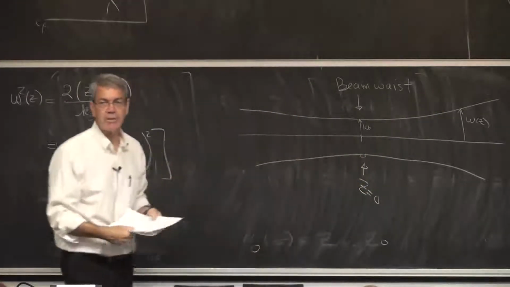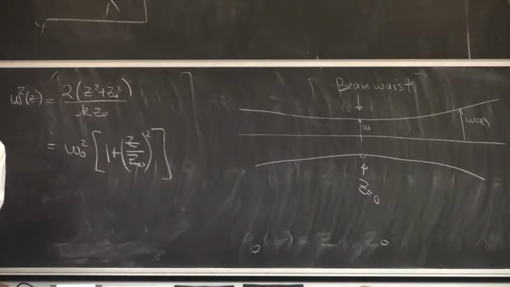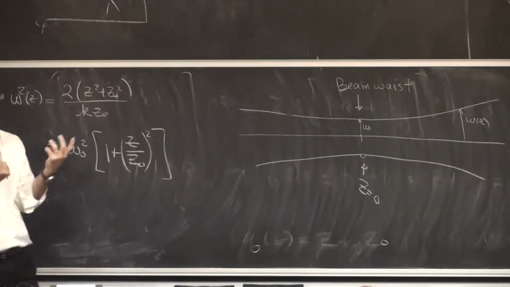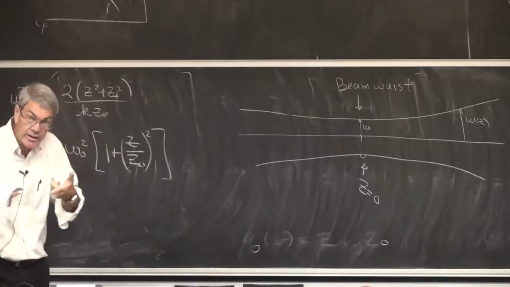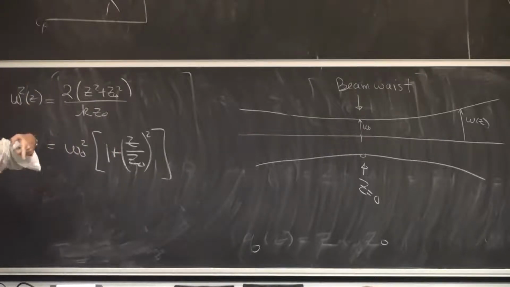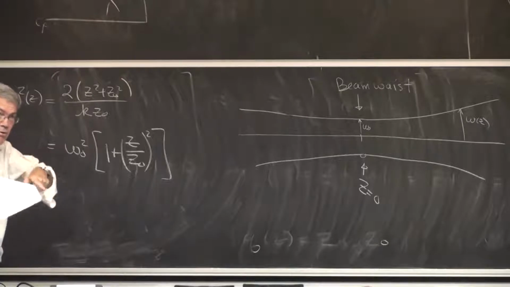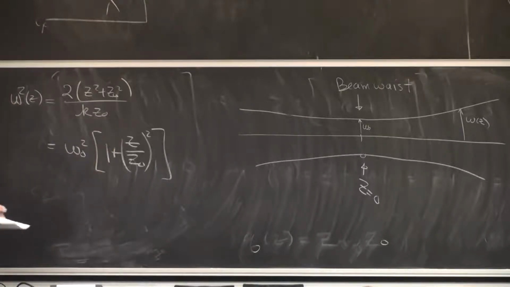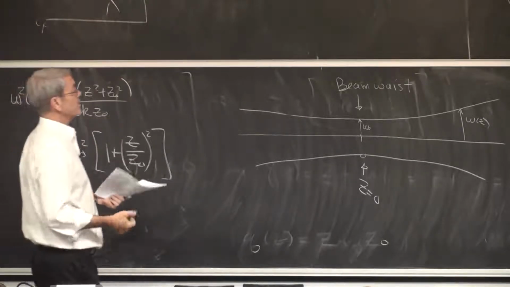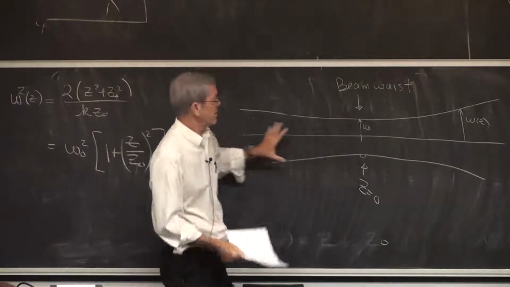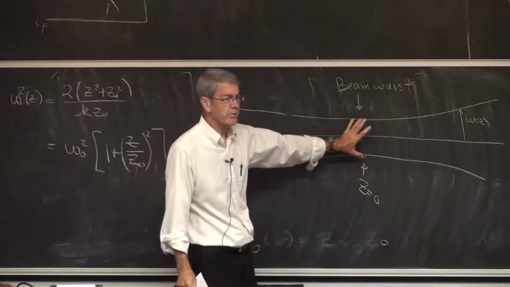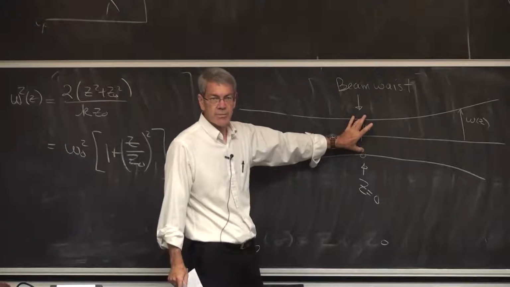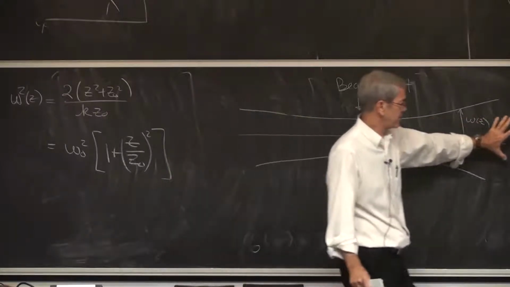So the smallest a laser beam can get is called the beam waist. If you know about diffraction, if you take lenses, the best you can do is half a wavelength kind of thing. It's effectively the same thing. The laser beam can come down to some number of wavelengths as small as it's going to get, depending on how tightly you focus. But whether it's a collimated beam or whatever, at some point it reaches this minimum, and we call that the beam waist, and then it starts expanding again.